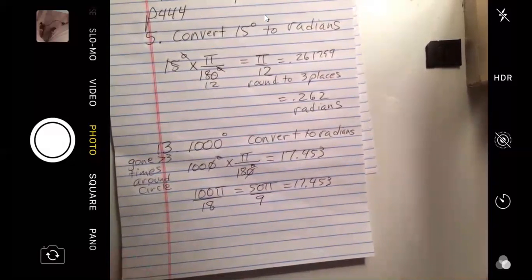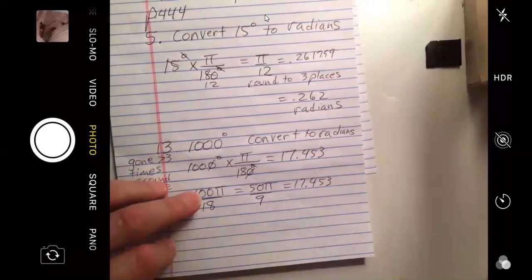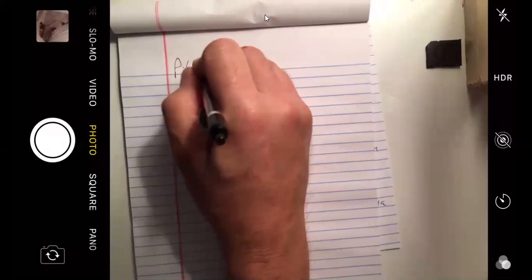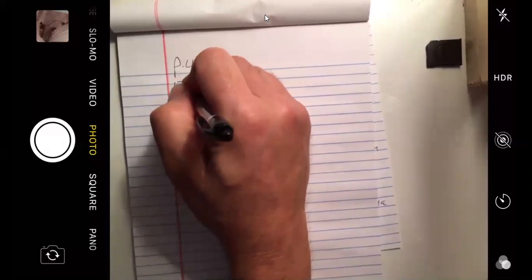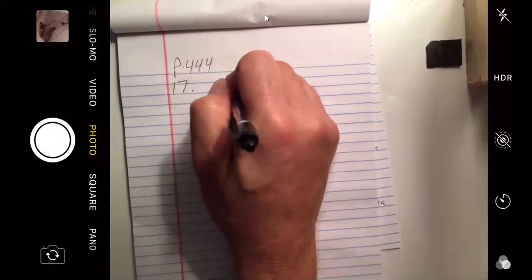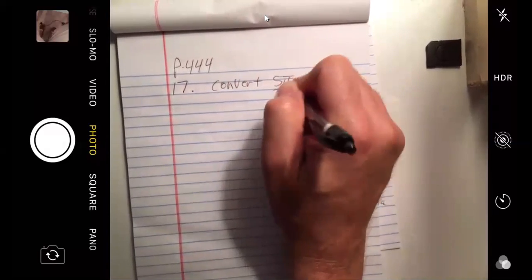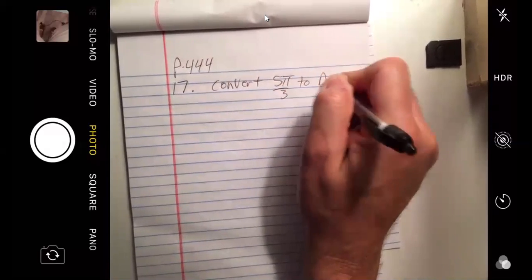All right, let's go the other way. This is in section 17, page 444. Convert 5 pi over 3 to degrees.